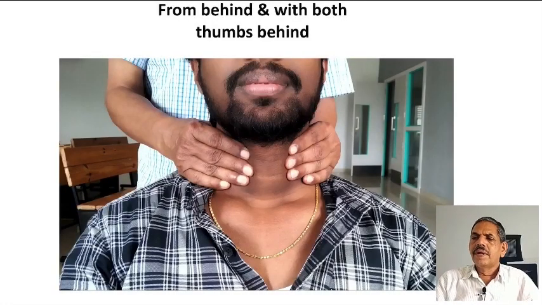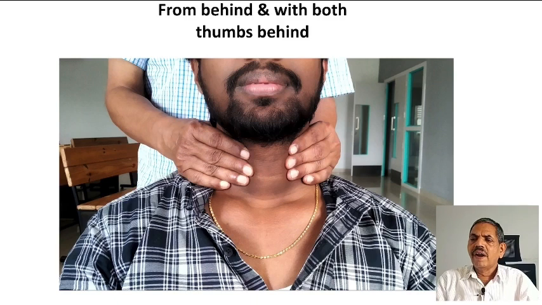For palpation of the thyroid gland, it is better to palpate with the patient in the sitting position, and the examiner should stand behind, as shown in the slide. The examiner should place both hands over the neck, keeping the thumbs always at the back.